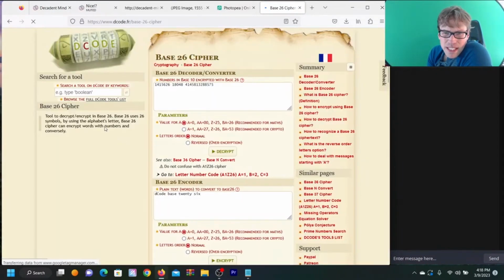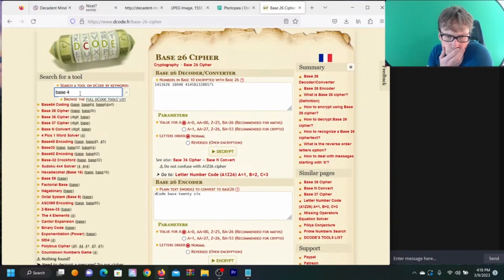This is base 26. I want base 4. Base 4. 1-3 is so strange.